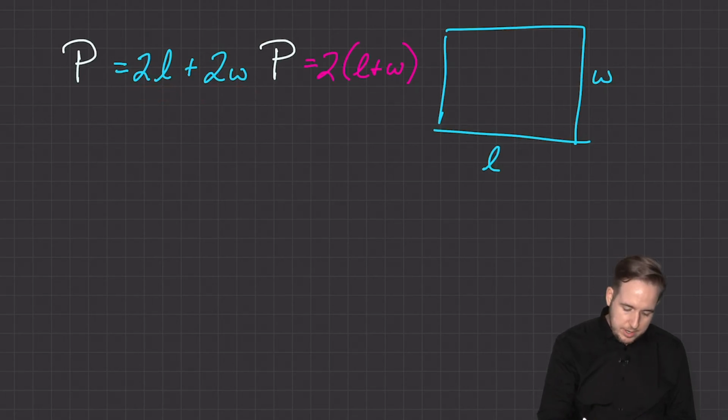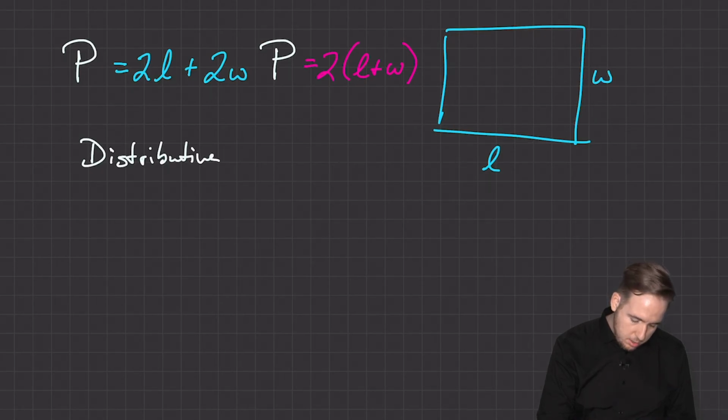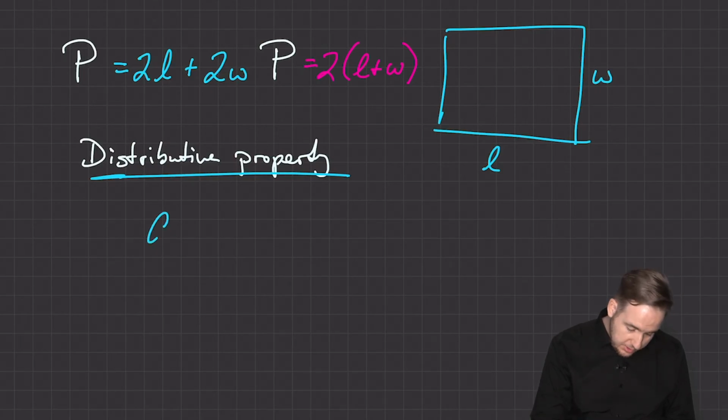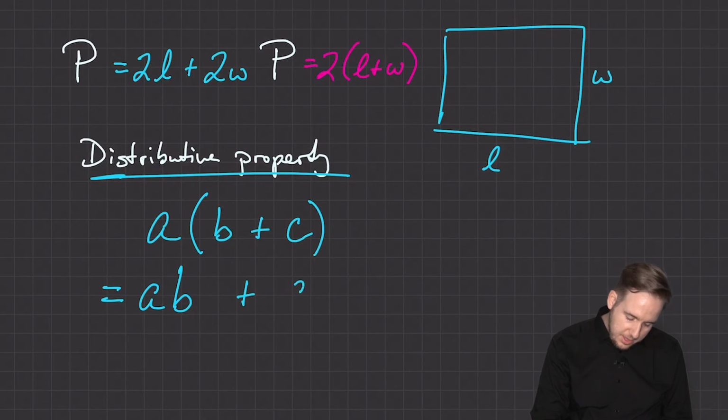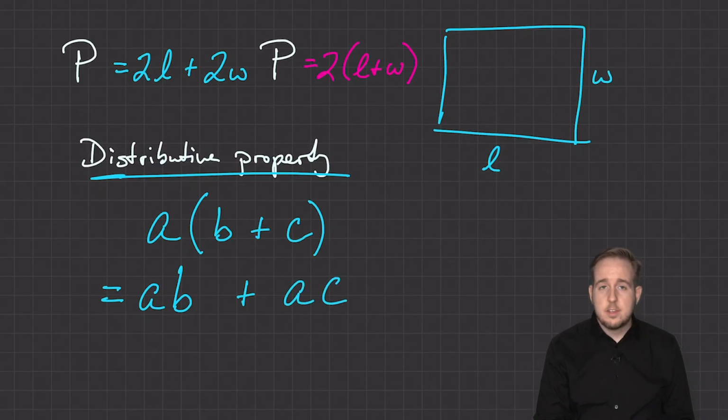So I'm going to write the ever important distributive property, which is something times something plus something is the same thing as the first something times the something plus that something times the other something.